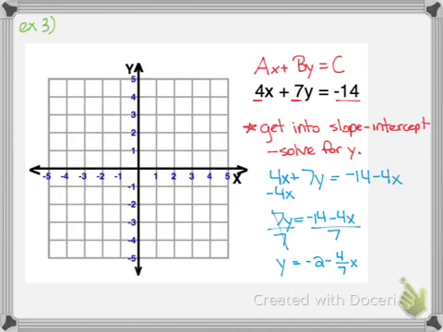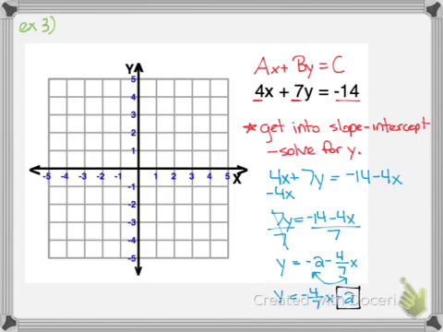Okay, and to get it completely in slope-intercept form, we need to trade these two positions. So y equals negative 4 over 7 x minus 2. Okay, so now it's in slope-intercept form. So that's really the only extra step we have with these standard form ones, is we have to first get them into slope-intercept. So our y-intercept here is negative 2.